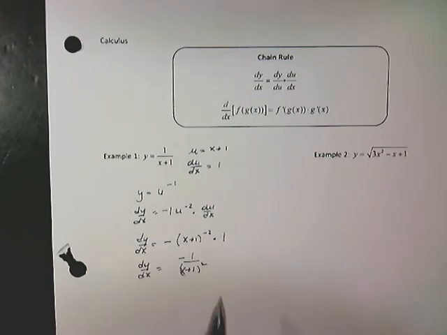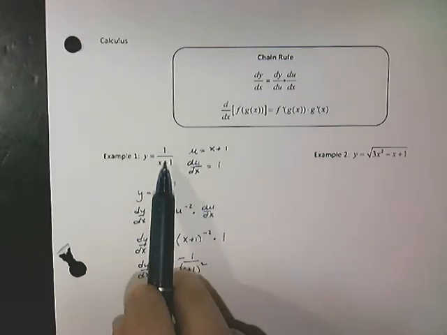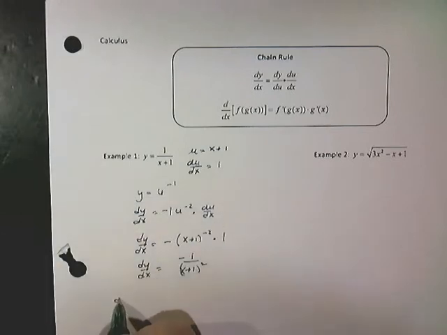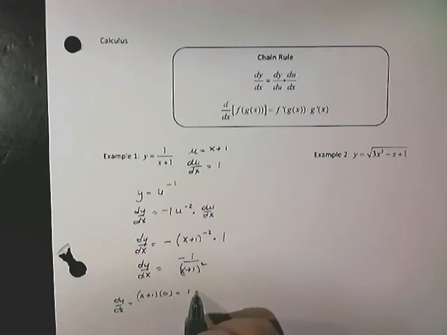If you did this with the product or with the quotient rule, this is just a quotient. And I can do it fairly quickly to show you, but this isn't always going to work. So if I had dy/dx, low times derivative high minus high times the derivative of low, all over low squared. This is 0, this is negative 1.